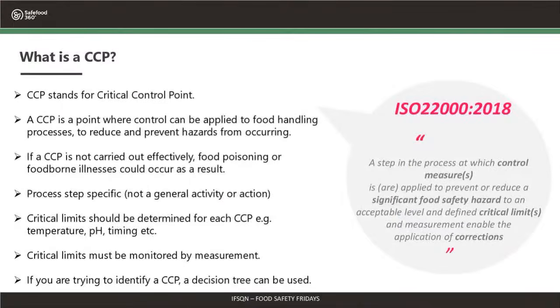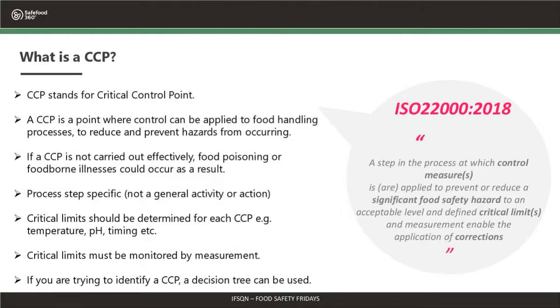Next, what is a CCP? This is actually probably the most popular or well-known of the three different categories we're looking at today. And a CCP stands for Critical Control Point. What does ISO define a CCP as?